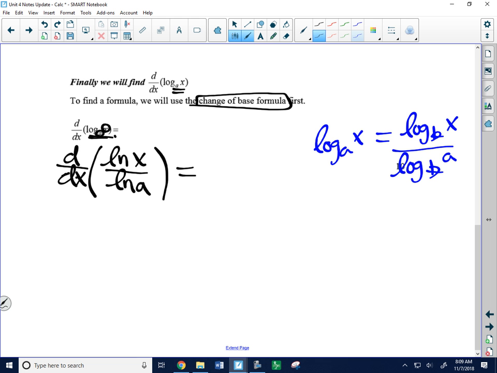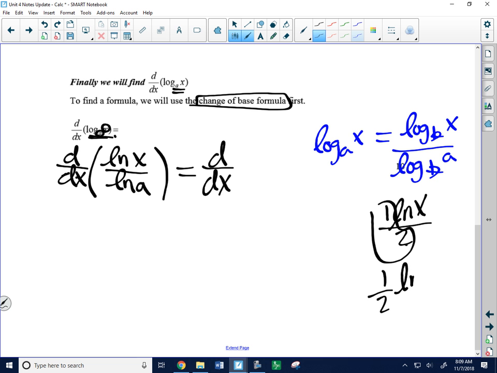Let me actually first write this in a better form. Suppose I had ln x over 2. By the way, I could do quotient rule on this, but I don't want to. If it's ln x over 2, isn't that really 1/2? So I'm going to write 1/2 ln x.